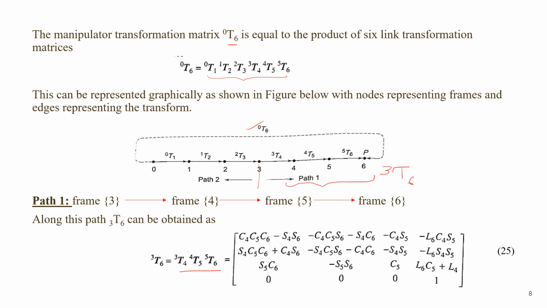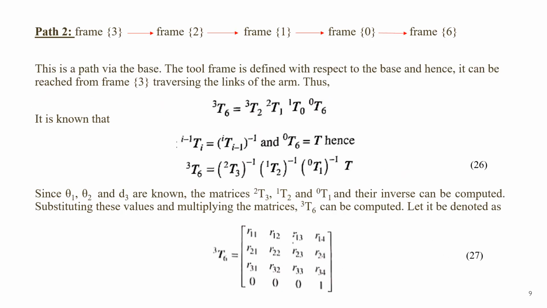Now consider the other path, path 2, from frame 3 to 1 to 0 to reach frame 6. This is the path via the base.